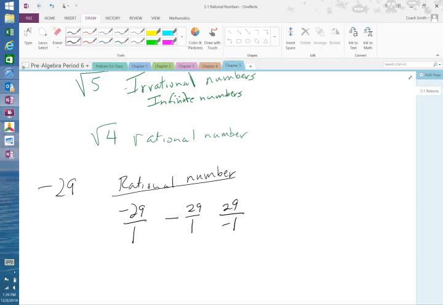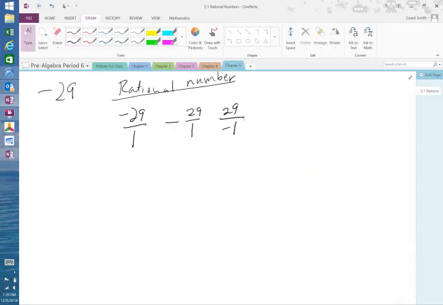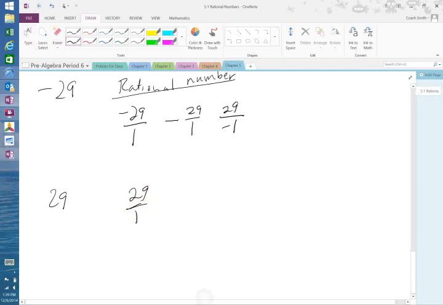If that was positive 29, then it's real simple. 29 over 1, and you're done. The positive ones are a little easier than the negative ones because with the negative ones you can have it three different ways and it still means the same thing.